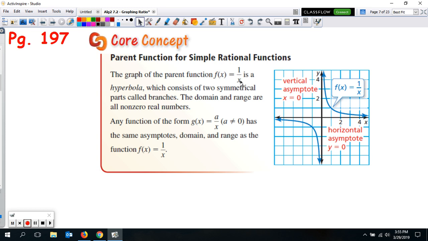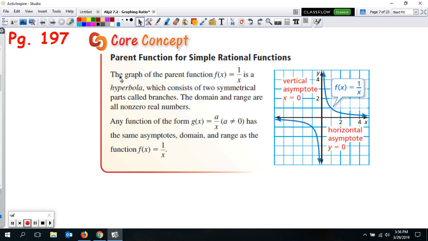It's always about where the x is. When the x is in the denominator of a fraction, it's going to be a rational function. If the x is on the top, that does not mean it's a rational function. In fact, it would still be a linear function if x was on the top over a number.